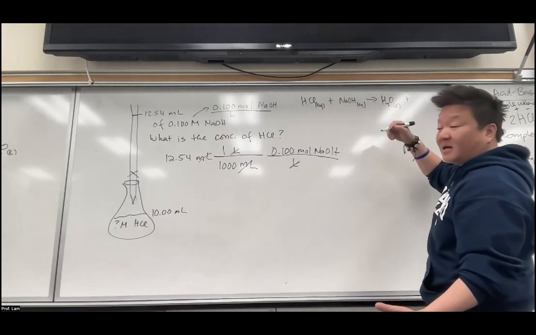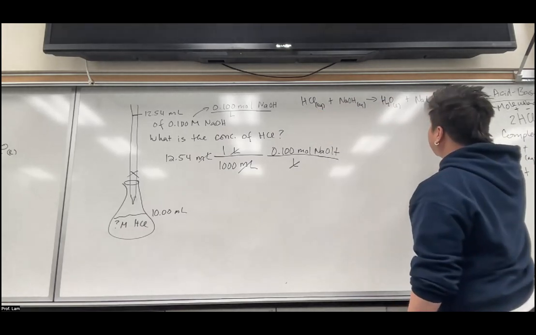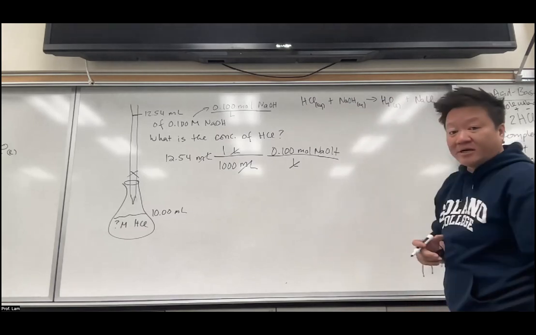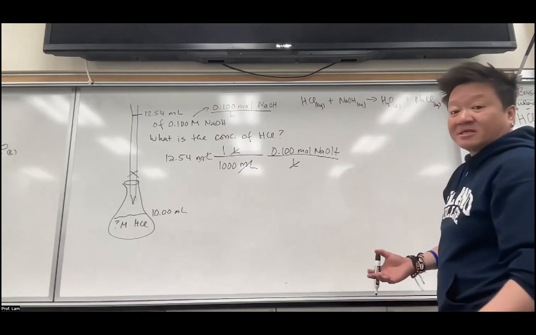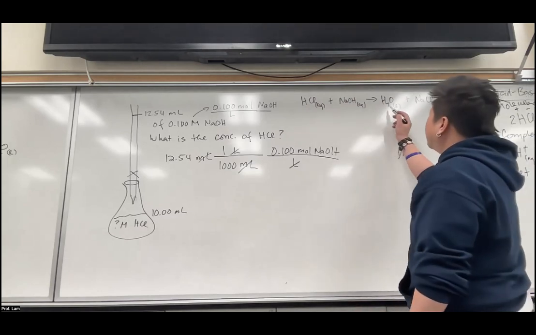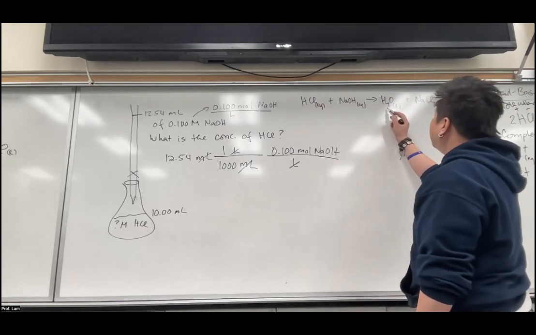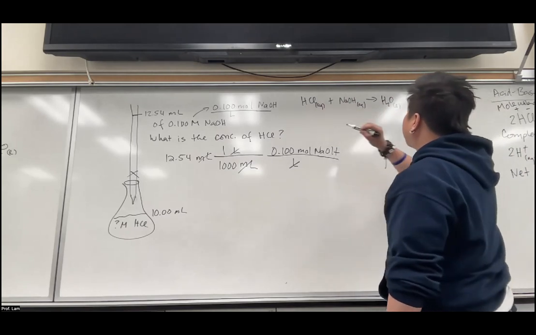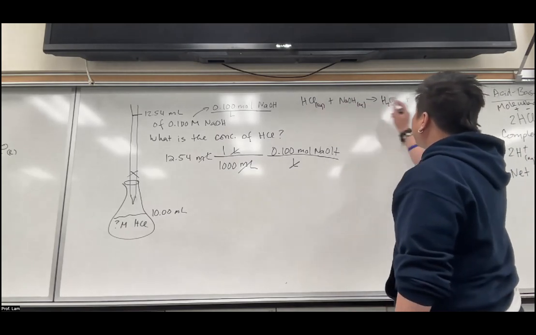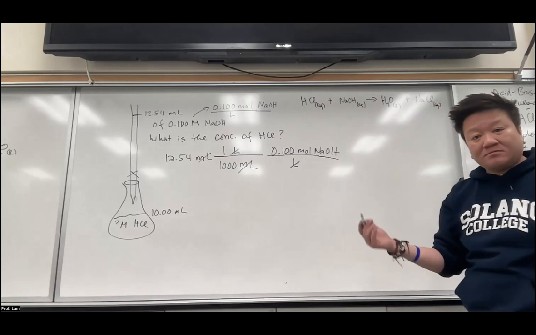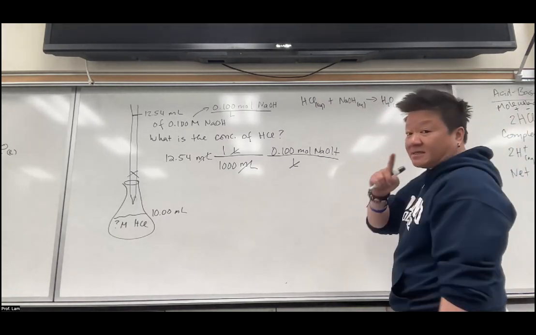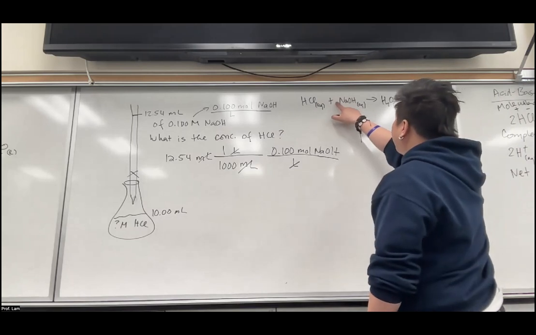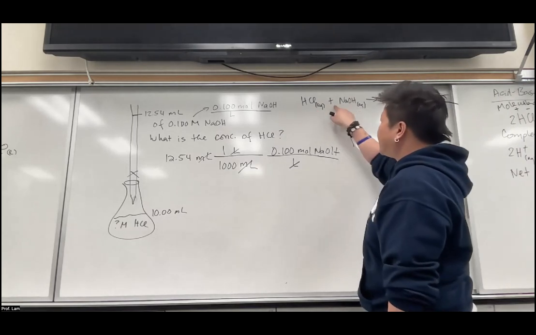Na is plus, Cl is minus, to make NaCl aqueous. Okay. And then we try to balance the equation, right? Let's see. We've got 2 hydrogens on the left side, 1 oxygen on each side, 1 sodium, 1 chlorine. Oh, it just so happens to balance. Beautiful. So now you can see the ratio, right? 1 base, 1 acid, 1 to 1.